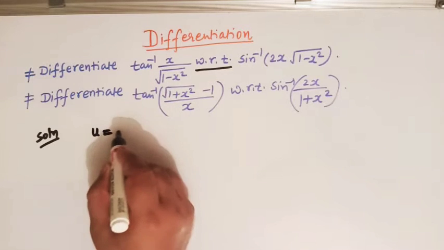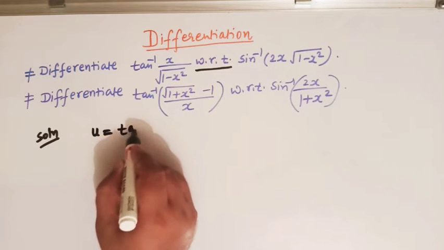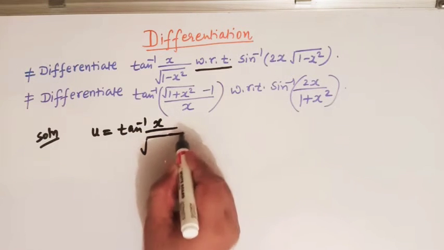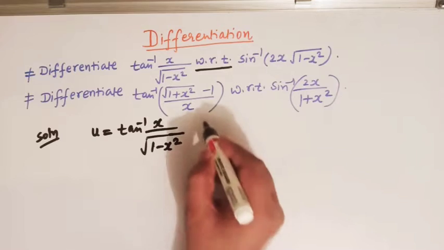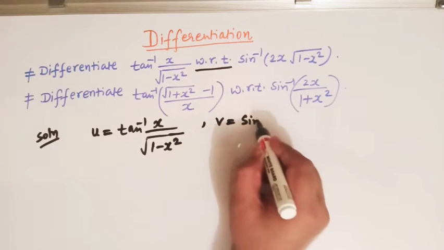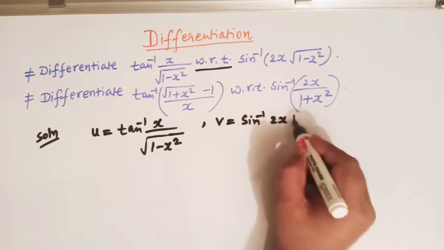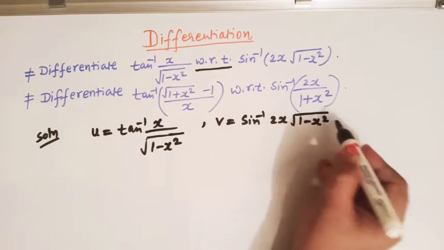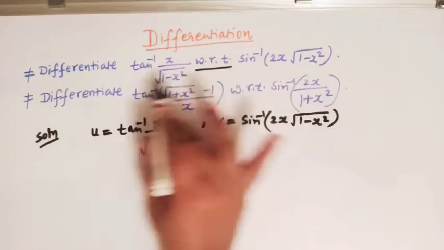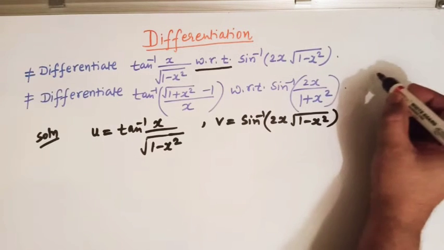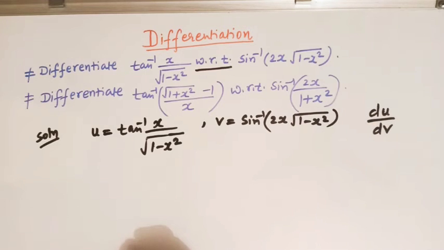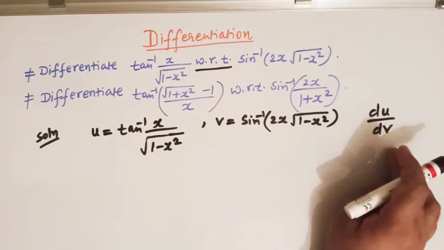So we'll suppose u equal to tan inverse of x over square root of 1 minus x square, and let us say v is equal to this function, right? Okay, so we have u and v as two functions. So our aim is to find du over dv, right? So this is our aim.